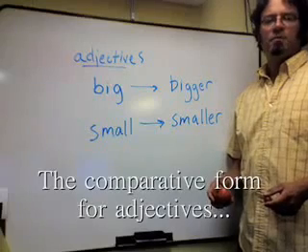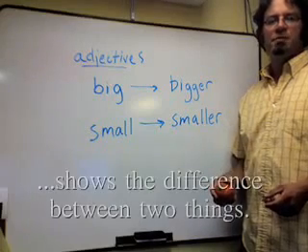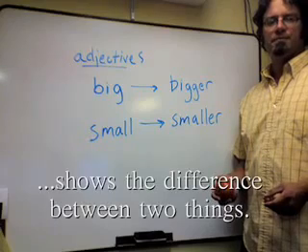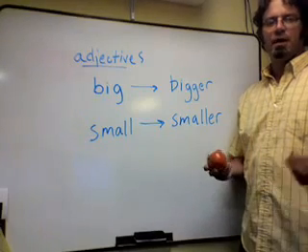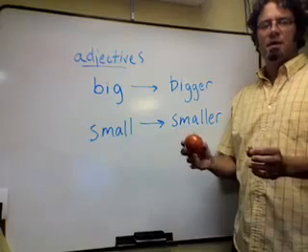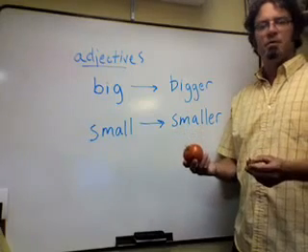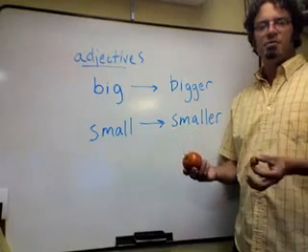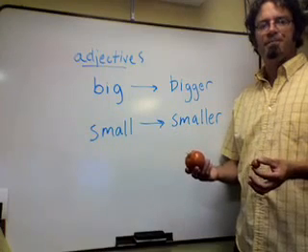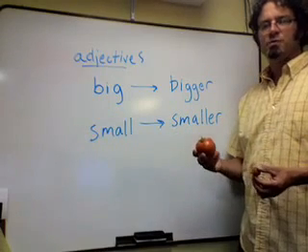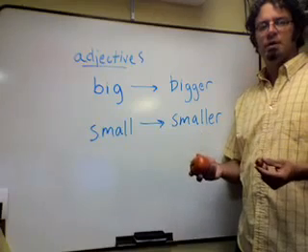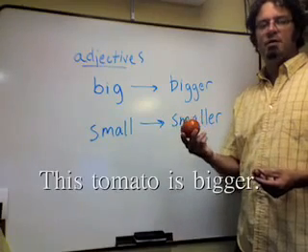The comparative form for adjectives shows the difference between two things. For example, I have 2 tomatoes. This is a big tomato, and this is a small tomato. To describe the difference between the 2 tomatoes, I can say, this tomato is bigger.